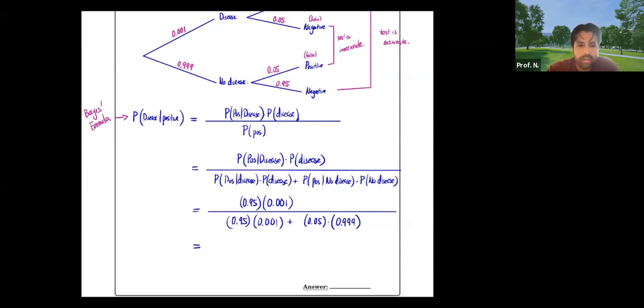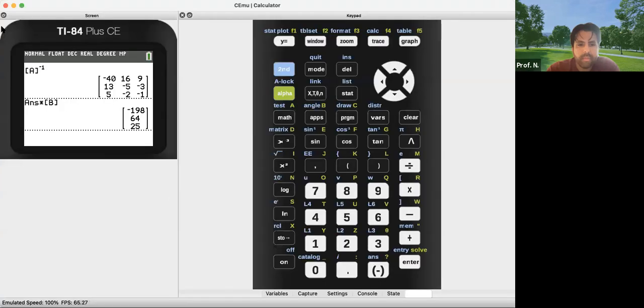So you know what? Let me help you guys with that. If you guys need help with plugging this into your calculator, I would recommend, for those of you who have TI-84, let me clear that out.